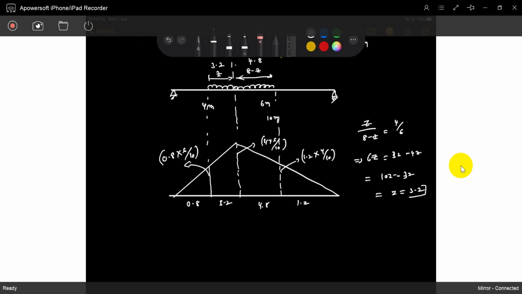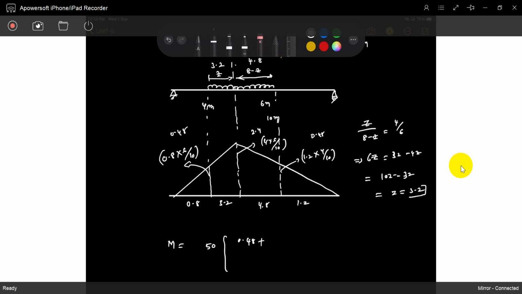Just find out the bending moment. So take the value as 0.48 plus 2.4, the peak ordinate 4 into 6 by 10 is 2.4.